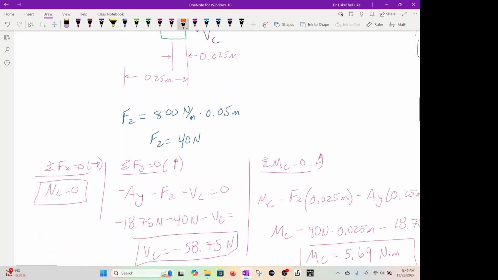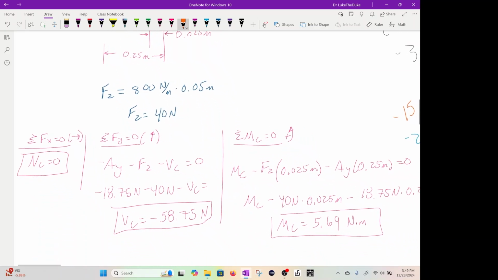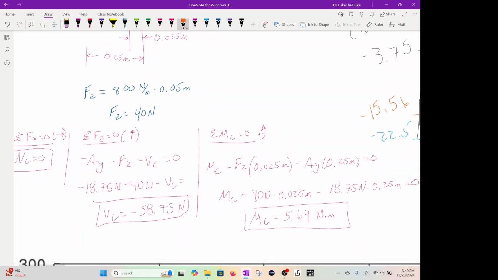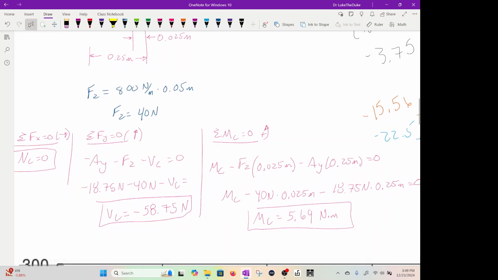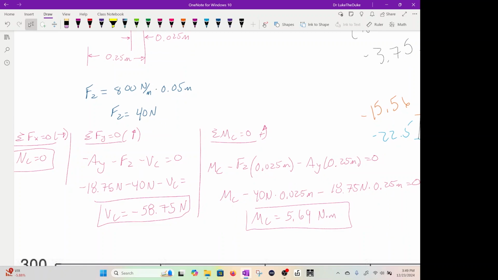Okay, now basically what we have, let me zoom out a little, right there. If we sum the forces in the X, the Y, and the moment at C, we can find what we need. So when we sum the forces in the X, positive is to the right, NC is 0. When we sum the forces up, we get negative AY minus F2 minus VC equals 0.